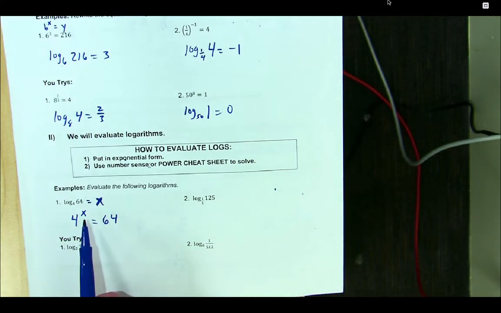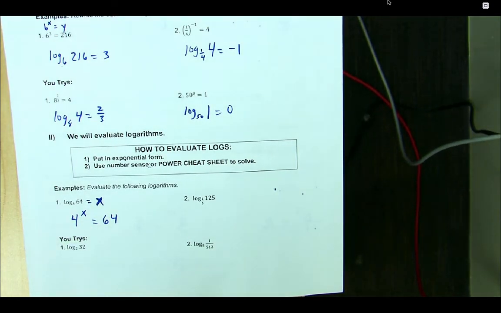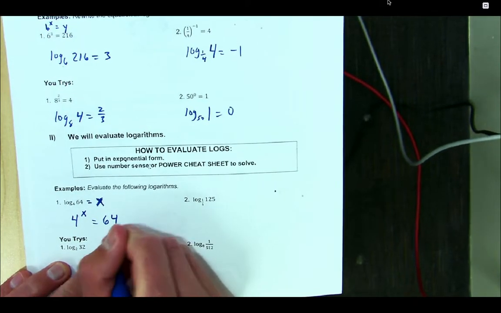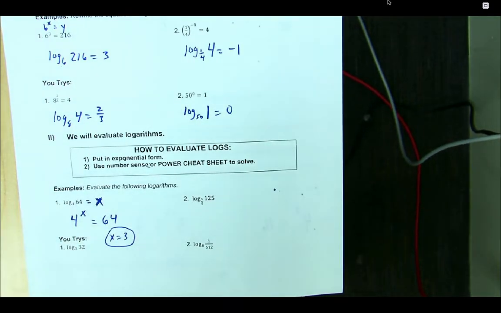So 4 to the power of something is equal to 64. And now this is kind of where, if you have that power card that was given to you last unit, or if you could just use number sense, 4 to something is equal to 64. Well, 4 to the third is 64, because 4 times 4 times 4 gets you 64.